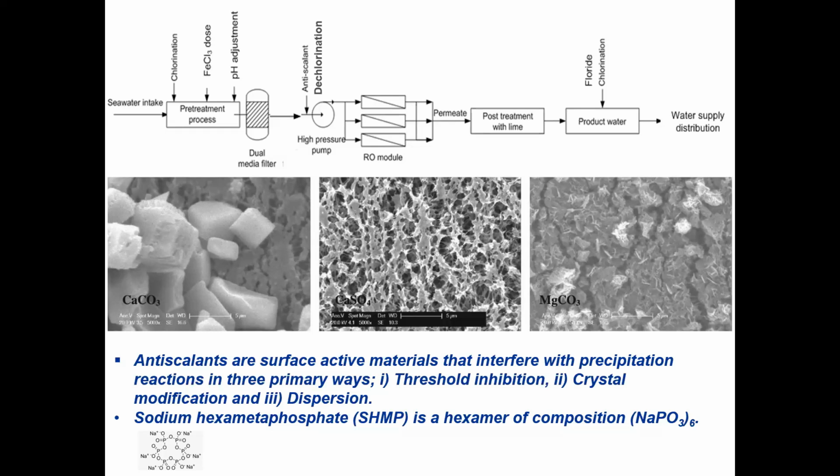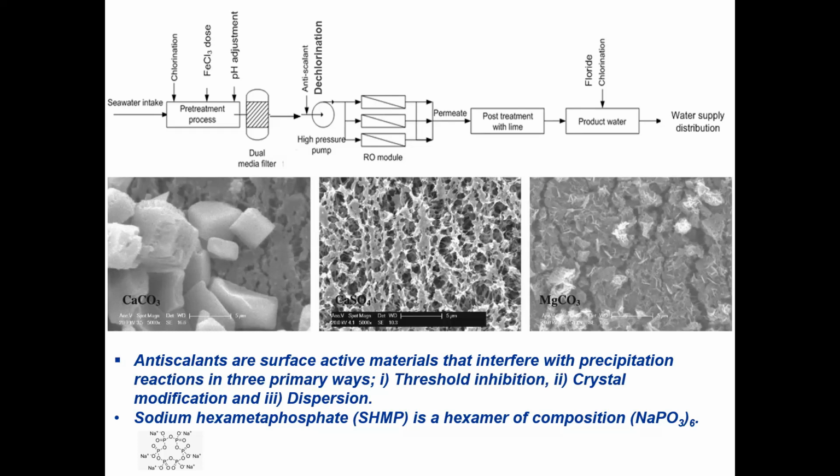They are not allowed to keep growing the crystal, and this crystal growth can be avoided by the anti-scalant. So we have to put in the anti-scalant if you want to increase the overall water recovery while making sure that you protect your membrane surface from any inorganic scaling issue.